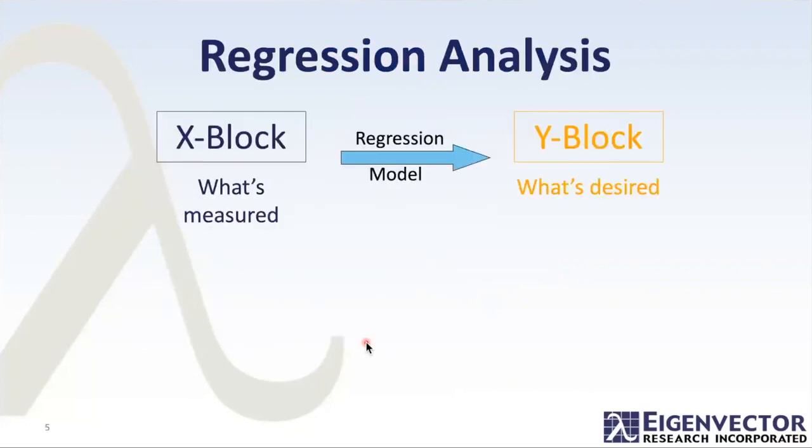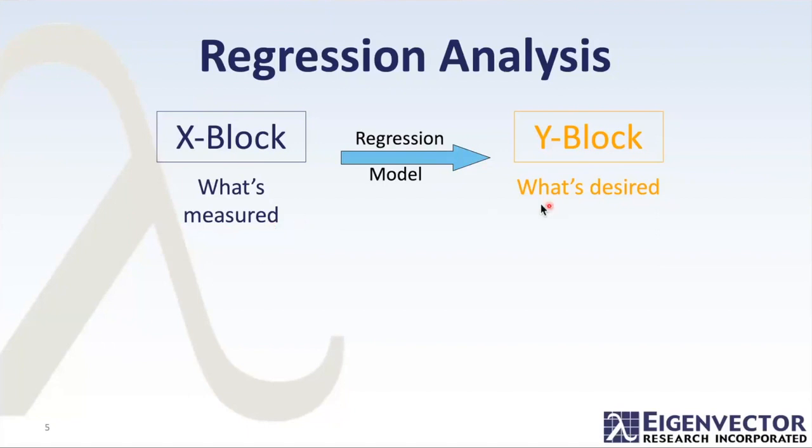So why regression? What do we do with regression? Well, the idea is that we often have something that might be expensive and hard to get, and that's really what we're after. And we can find something that we can measure that's close, but it's not exactly the same thing. So we want to develop a mapping between an X block and a Y block.